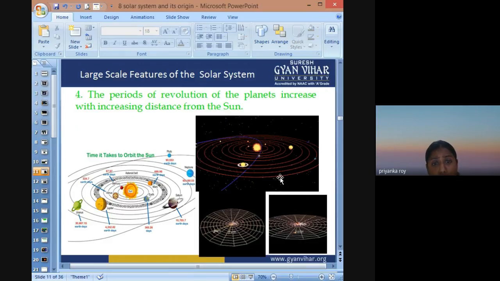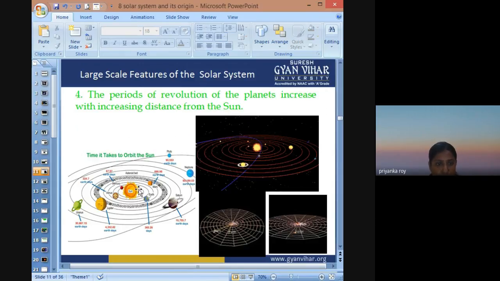Actually, Pluto has a certain inclination of its rotation around the sun in such a way that sometimes it crosses the path of various planets while it is taking its revolution around the sun. Okay.